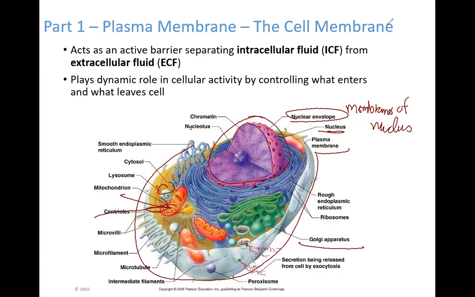Most cells in our bodies are going to have all of these organelles that do things for us. If nothing else, they're going to at least have a nucleus. Even a sperm cell has a big nucleus inside of it. It doesn't have a lot of other things here. It's not going to have to worry about making proteins or anything like that, but even a sperm cell will have a nucleus.